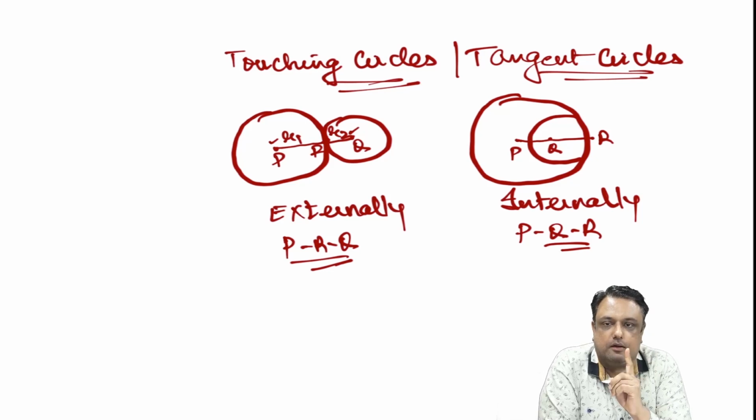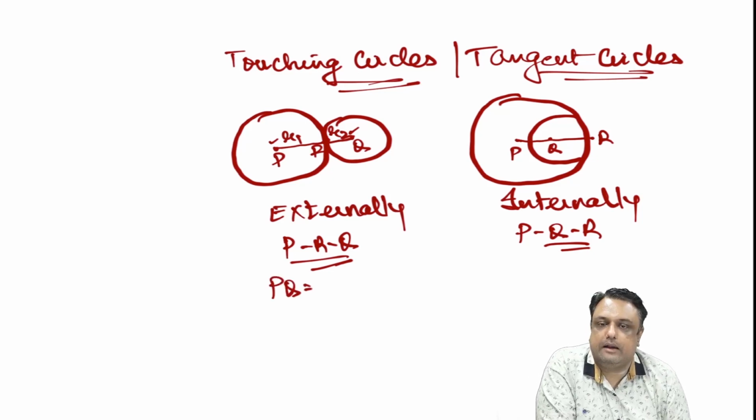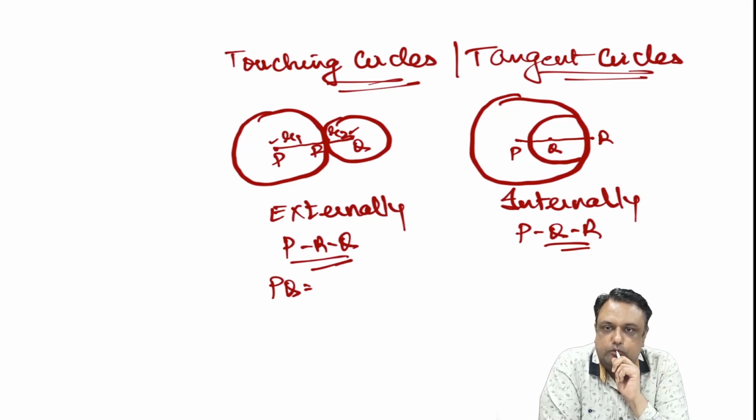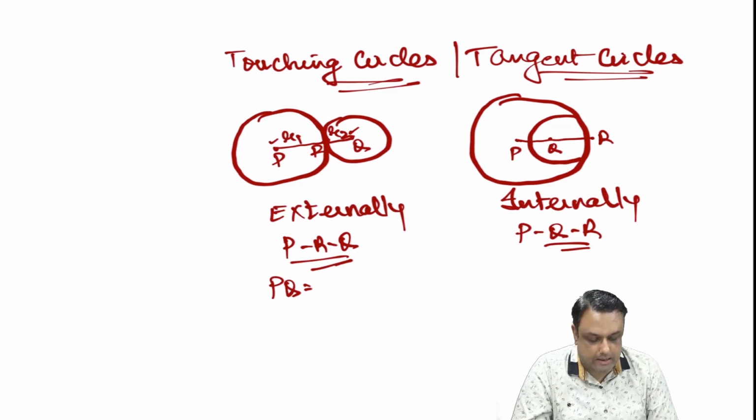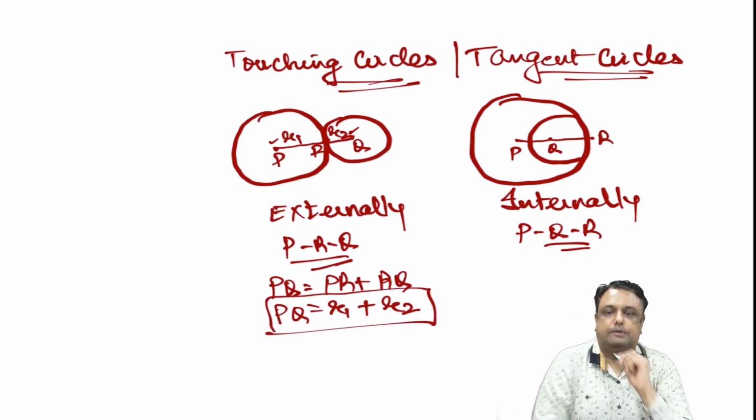So what will be the distance between the centers P and Q? PQ is the distance between the two centers. How will you get that distance PQ? PR plus RQ. PR is R1, RQ is R2, so PQ is R1 plus R2.